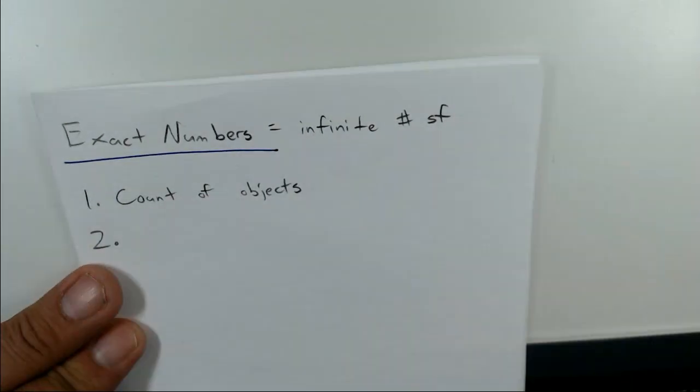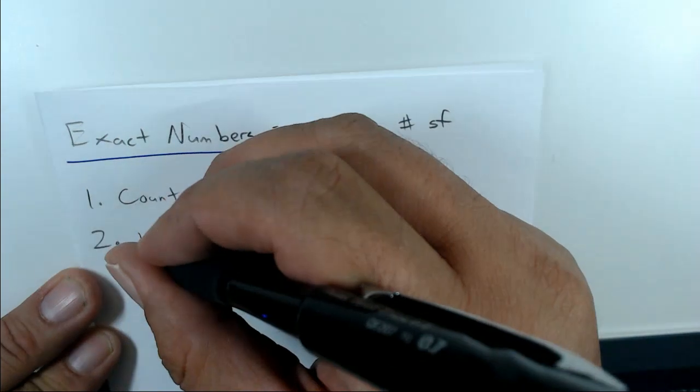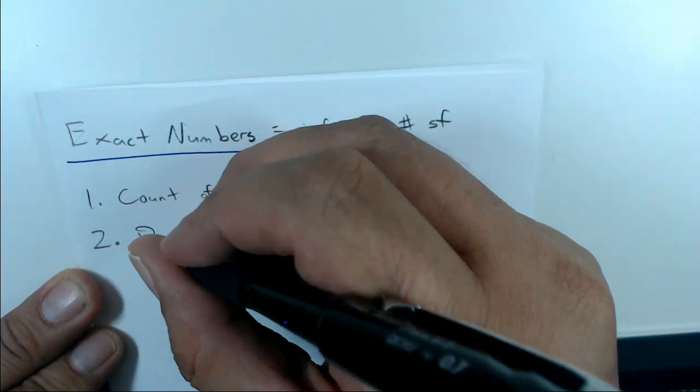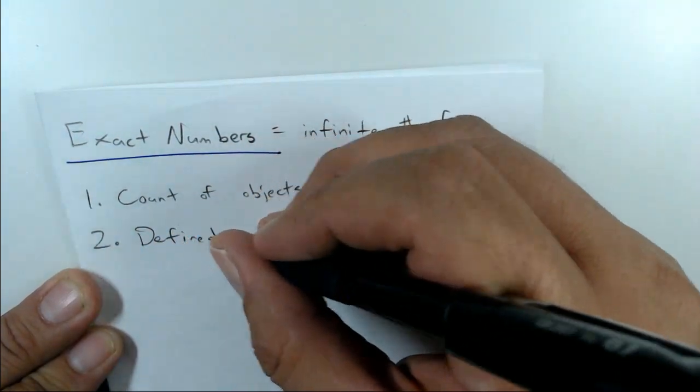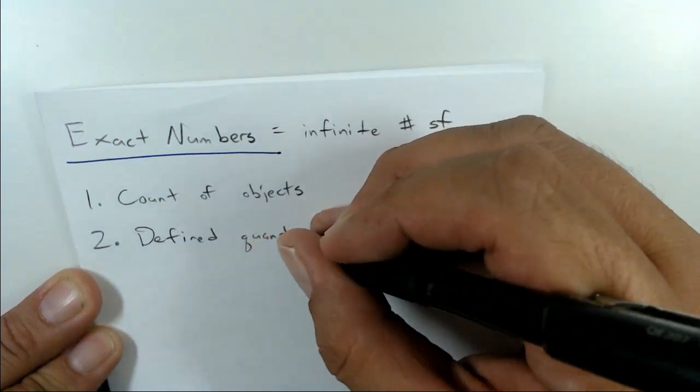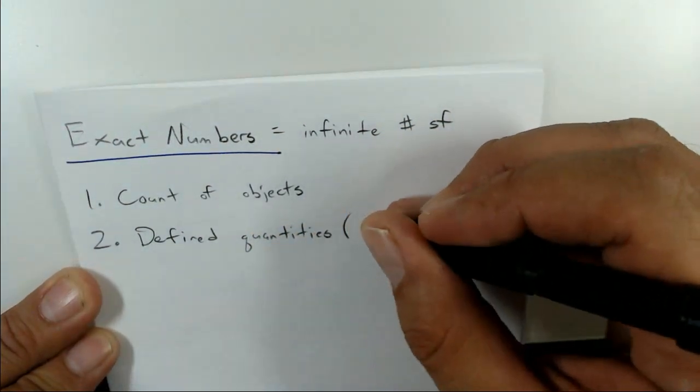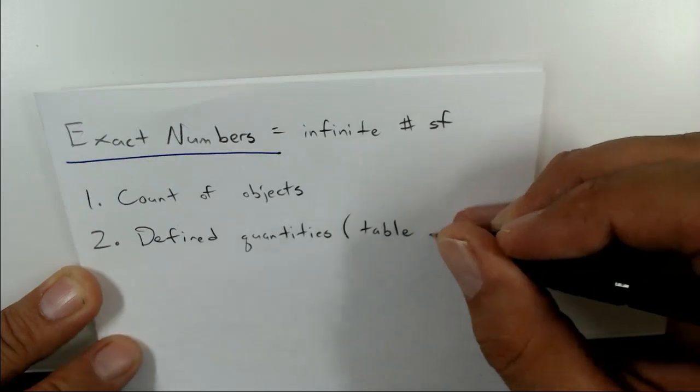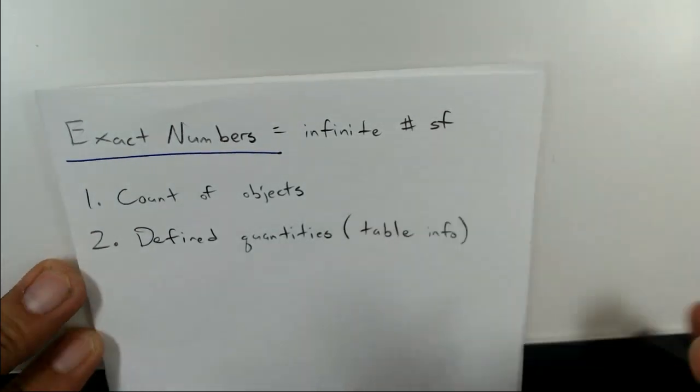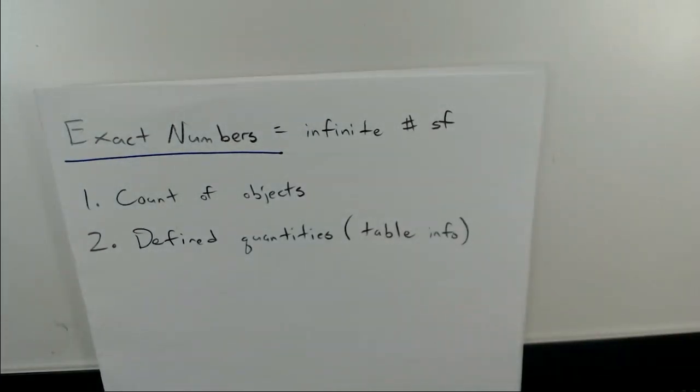The next one is the one that gets students the most often, and these are defined quantities. I like to call this table information. Anytime you read a number that is a definition, so these are things like your conversion factors, numbers off the periodic table, any charts that you may have in your textbook, whatever.